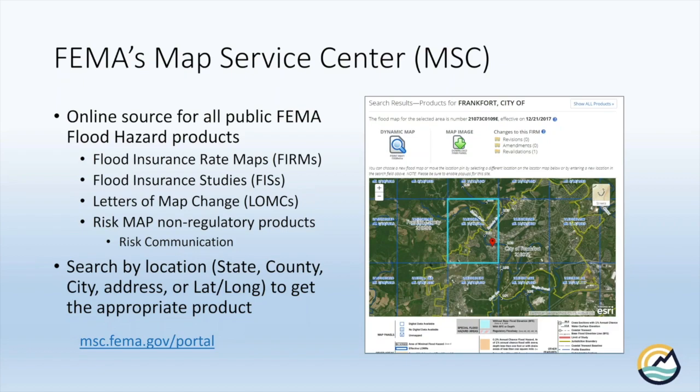You can search by state, county, city, street address, or lat long to find the area you're interested in. And the website there in the bottom left is msc.fema.gov/portal. The image there on the right, this is what you get when you go in and actually search for our community. But again, we're going to go into a demonstration here in a minute, so I'm not going to cover that too much in depth.